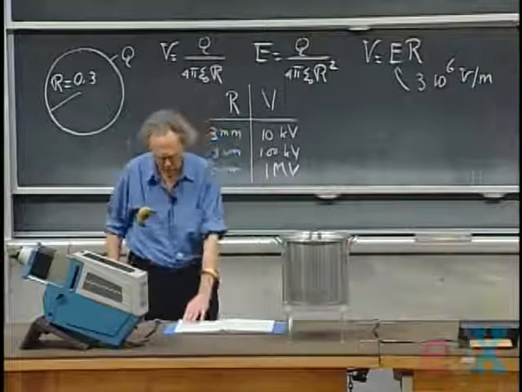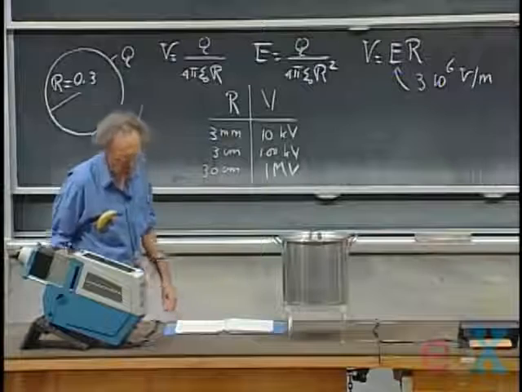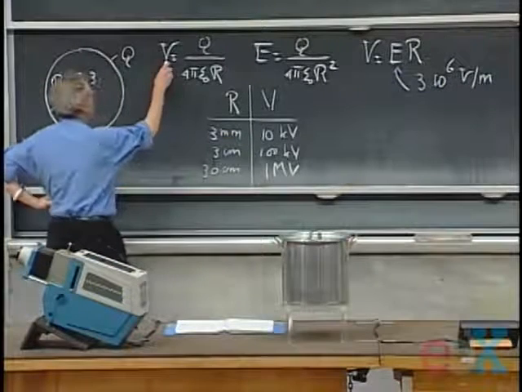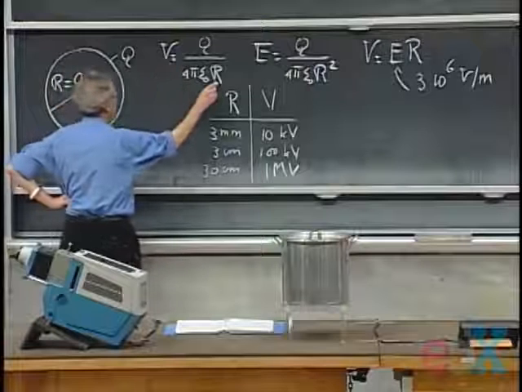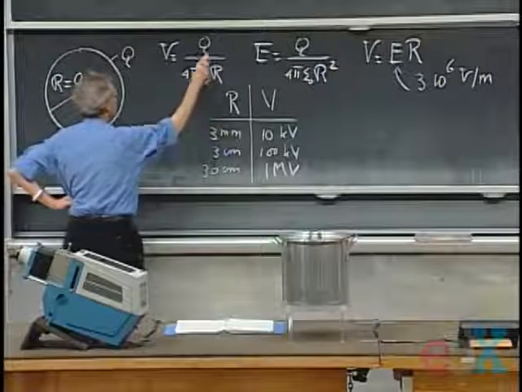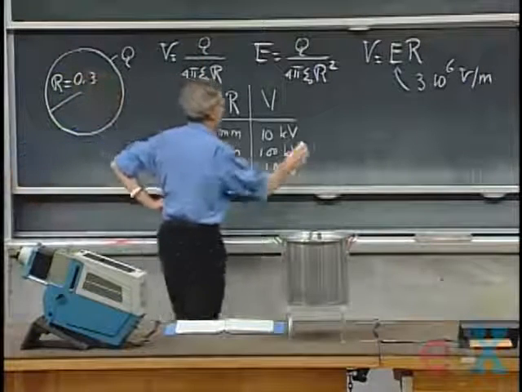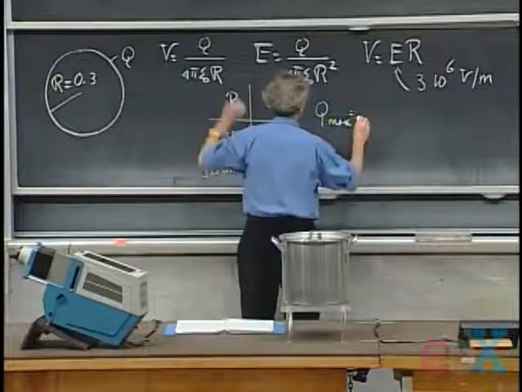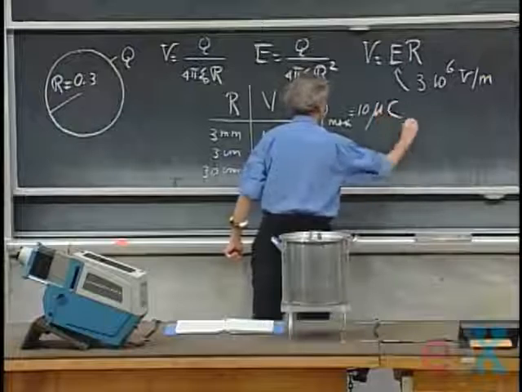You can now also calculate what the maximum charge is on the Van de Graaff, because if the maximum potential is 300,000 volts, and you know the radius is 0.3 meters, you can calculate the maximum charge that you can put on the Van de Graaff. Using that equation will give you 10 microcoulomb.